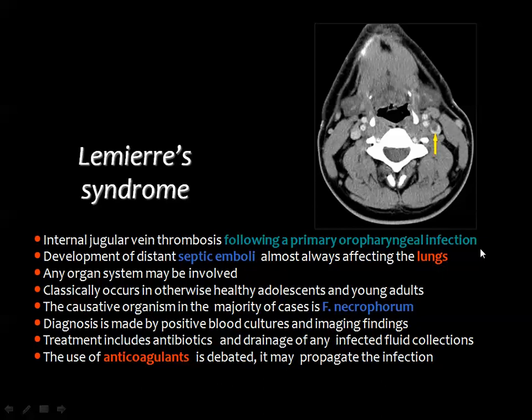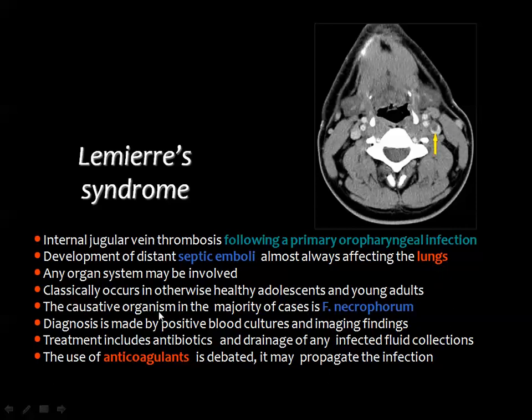One of the dangerous complications of this disease is the ability to send septic emboli, especially to the lung. These septic emboli may reach any organ, but commonly you can see them in the lung. This disease affects healthy adolescents and young adults.